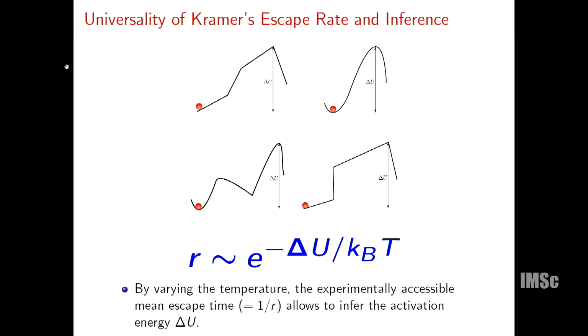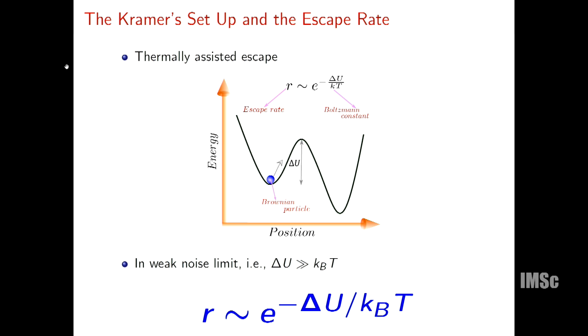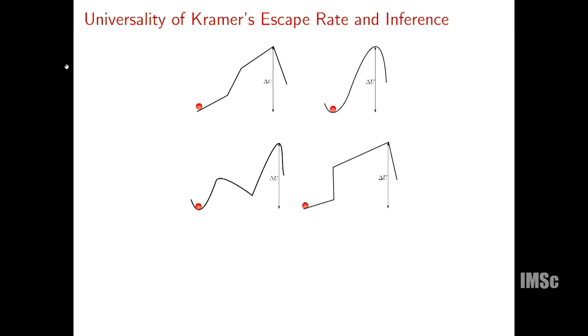In the example at the bottom left, one would imagine that the particle gets excited to the metastable minimum, and then gets excited over delta U. But that does not change the answer of Arrhenius.